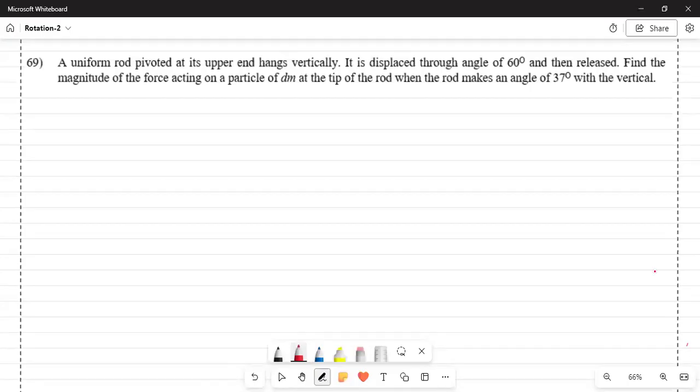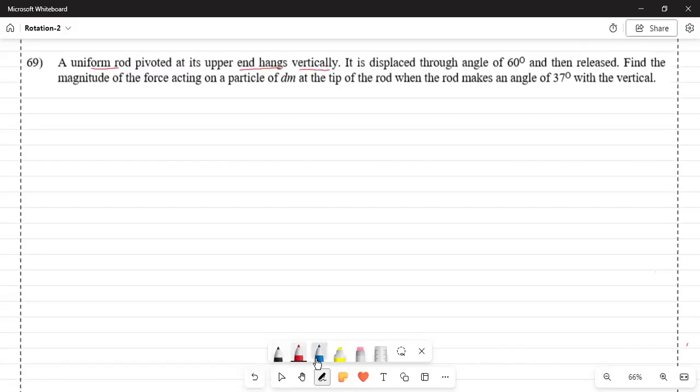Now we take problem 69 of your textbook. This problem says a uniform rod is pivoted at its upper end and hangs vertically.